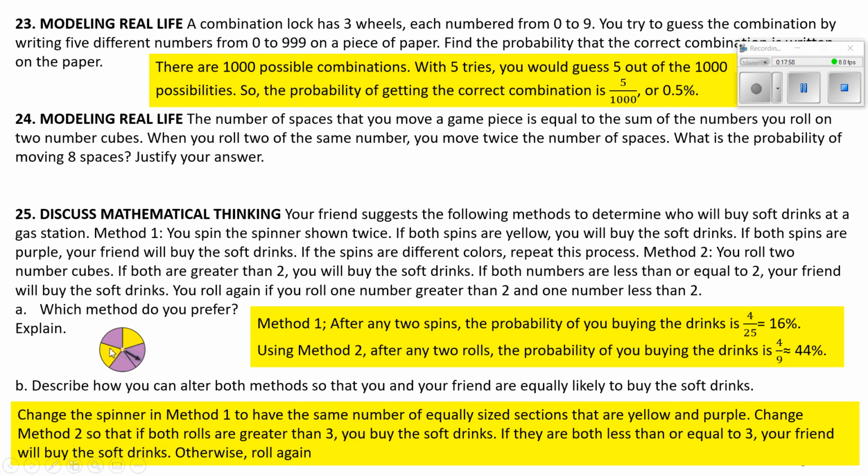So in other words, since there's 1, 2, 3, 4, 5, I might change one of these purple ones to be half orange. That would give me 2 and a half that were purple and the rest were yellow. If they are both less than or equal to 3, your friend will buy the soft drink. Otherwise, roll again.